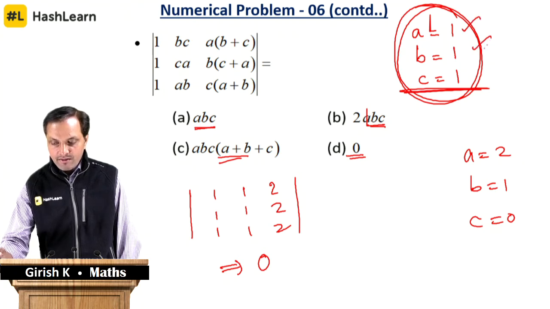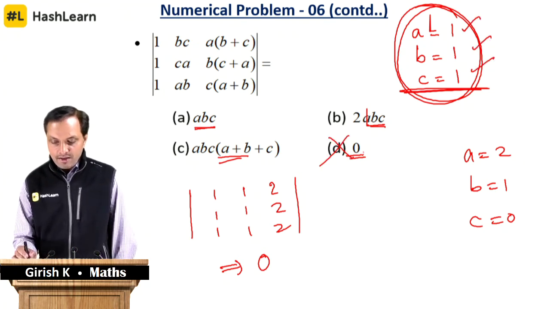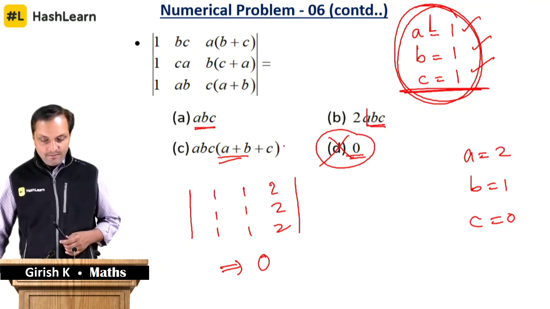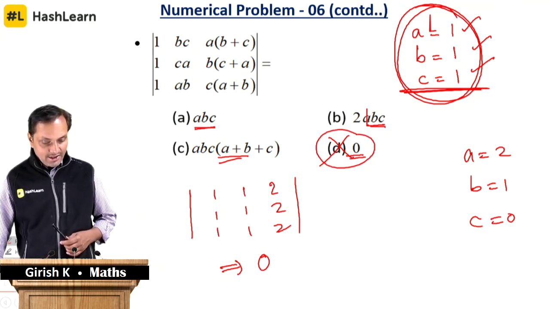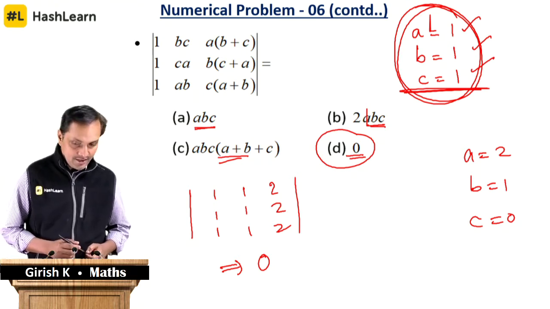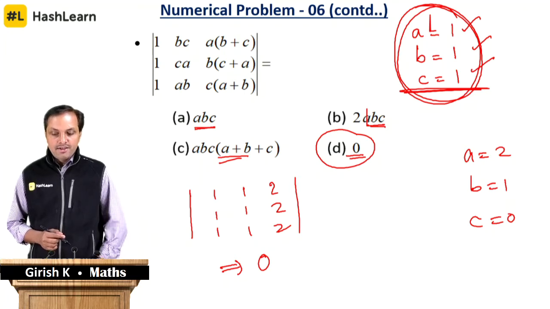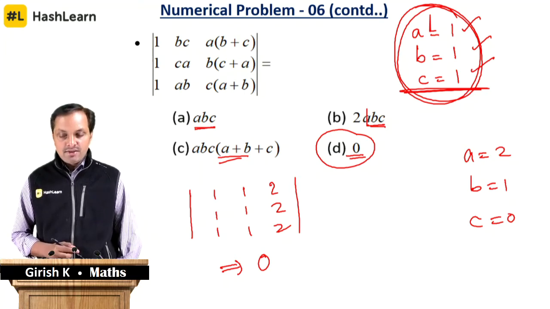When you take A, B, C as 1, there is only one option that gives you 0, and that is option D. That's not wrong. It's a correct option. It's the right mark. You need to mark option D as the answer. Yes, Riva, Vidya Shankar gave the right choice. D is the one which is giving you 0.